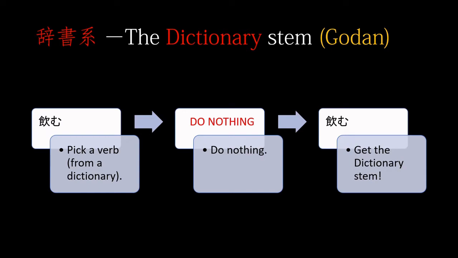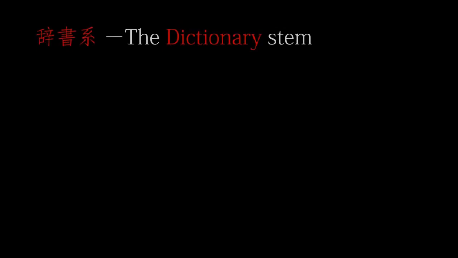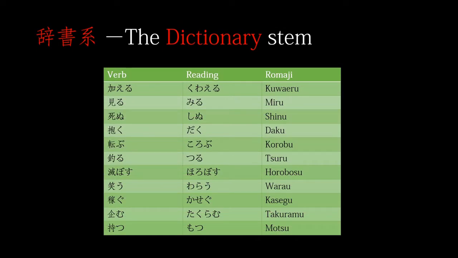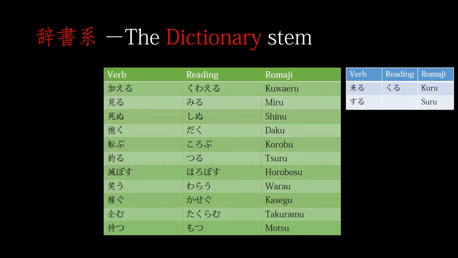So once again, pick a verb, do nothing with it, and you will get the dictionary stem. Now let's see it on the table. Once again, it's like the default table because everything is back to normal, in a certain sense, of course. And on the right, we can see the same thing with our irregular verbs.